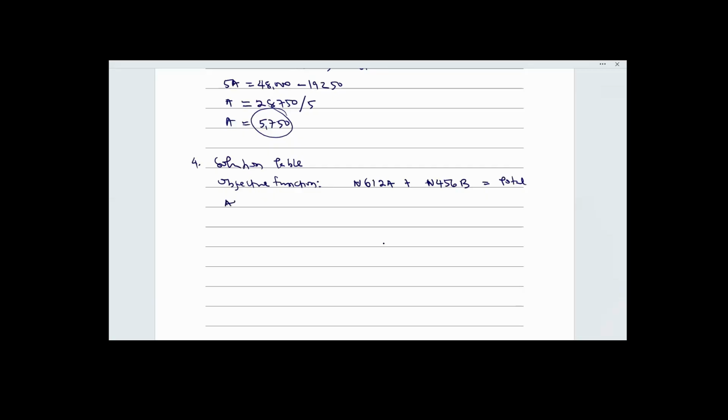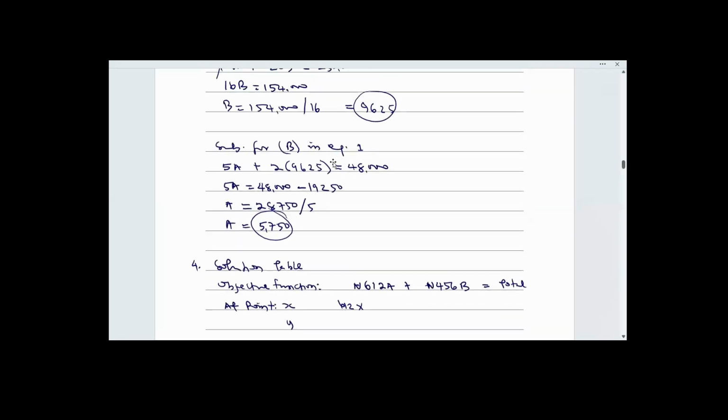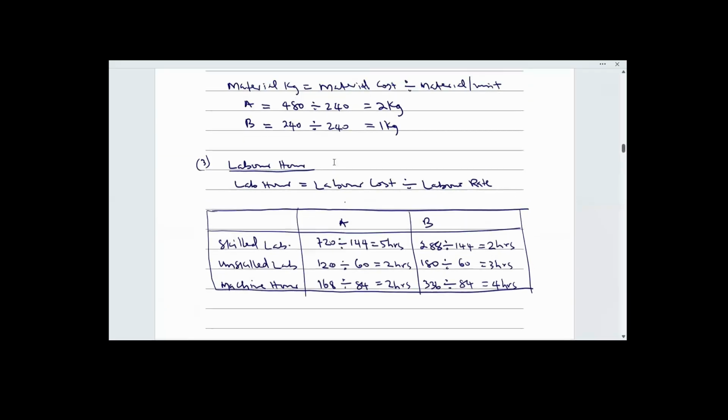So at points X, Y, Z. At point X, we say 612 multiplied by, what do we have under the graph?